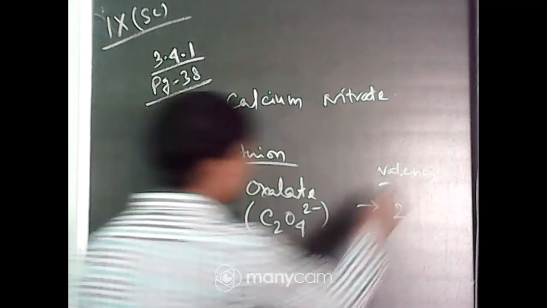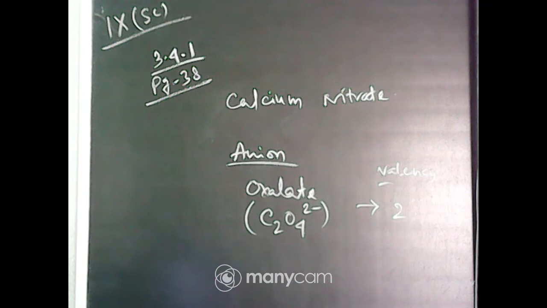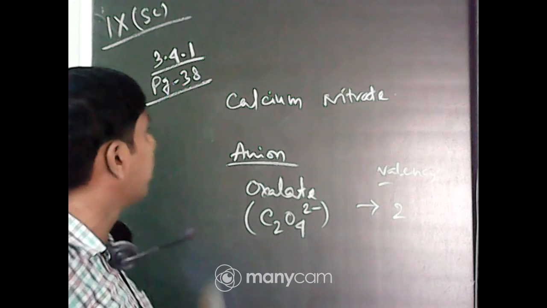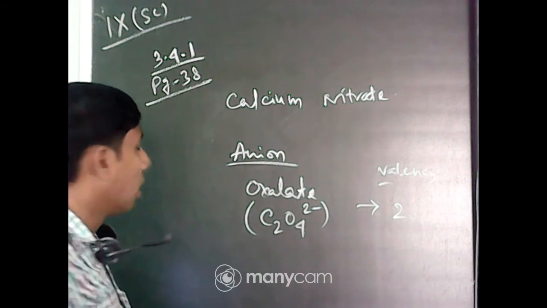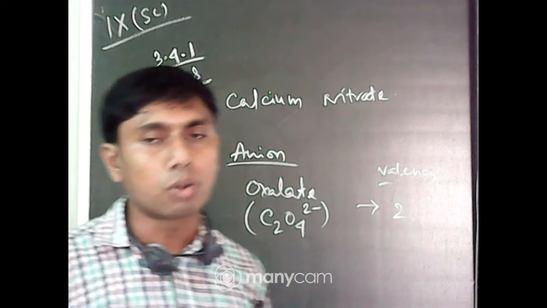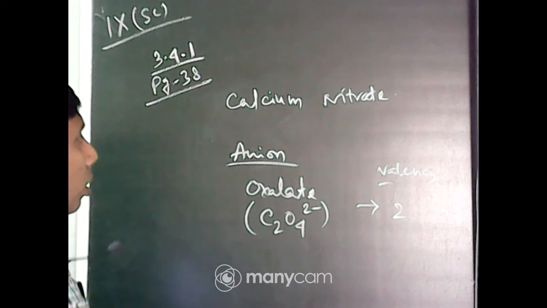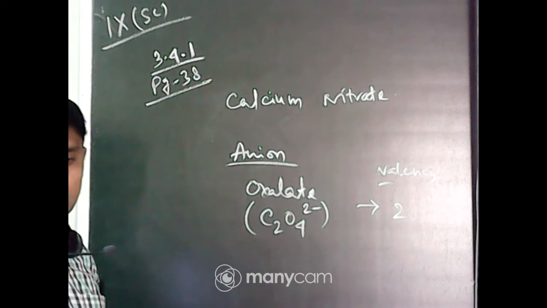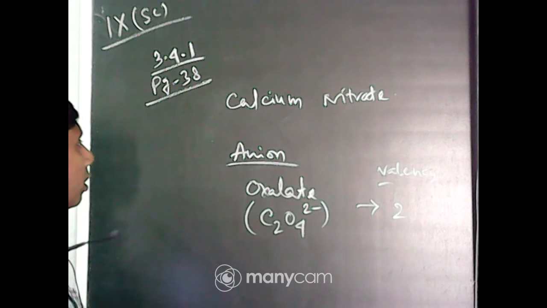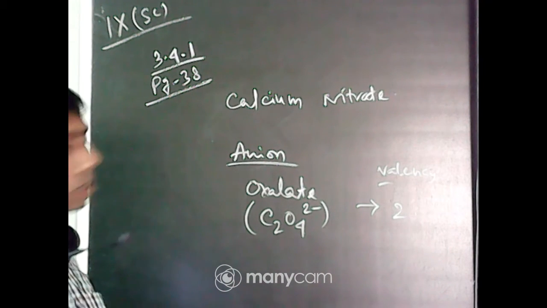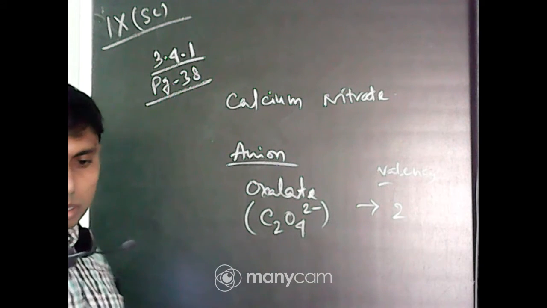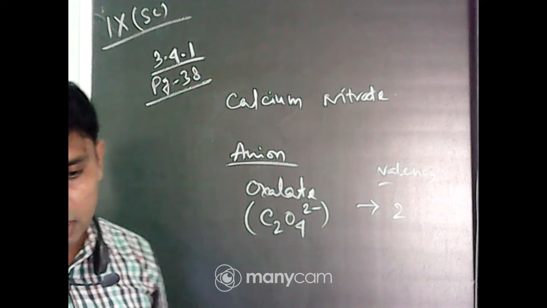Add it in that chart. Previously I have written on the board, after the dichromate, permanganate, chromate, manganate, you will also write oxalate. Nafisha, it is wrong. Calcium nitrate. Just think about the valency. Yes, Ronnie, this is correct.